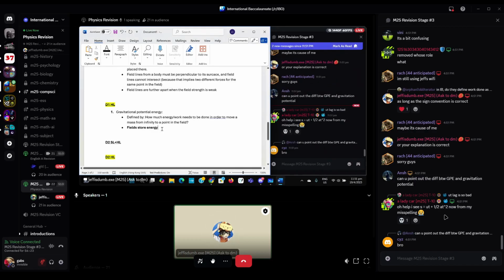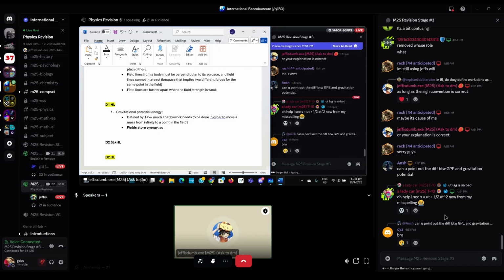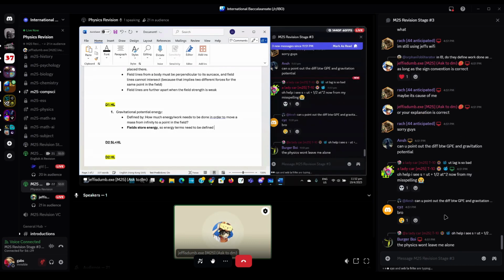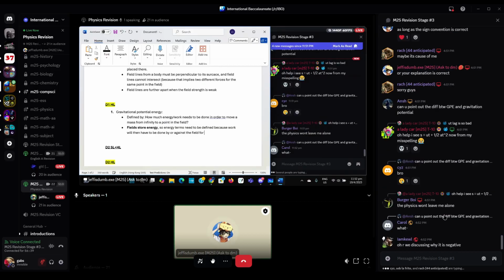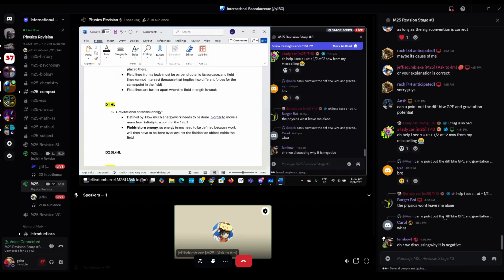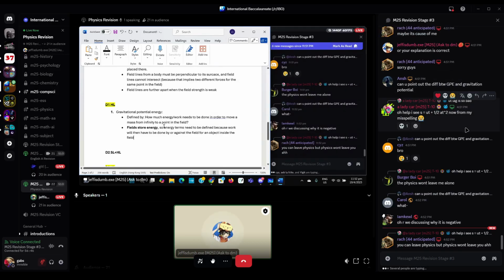Energy terms need to be defined because work will have to be done by or against the field or an object inside the field. We're not discussing why it's negative. We're just discussing why this quantity exists.